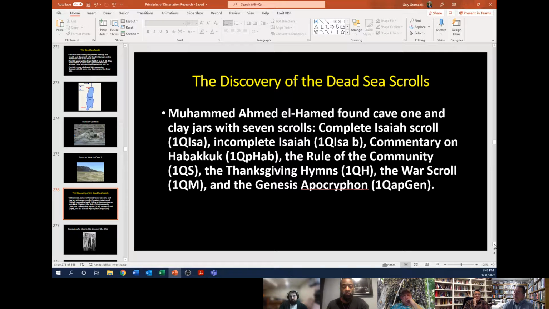What was their Bible? The Rule of the Community, 1QS. The Thanksgiving Hymns, 1QH. The War Scroll, 1QM. Genesis Apocryphon, 1QapGen. So those are the 7 scrolls, the main scrolls found in Cave 1.